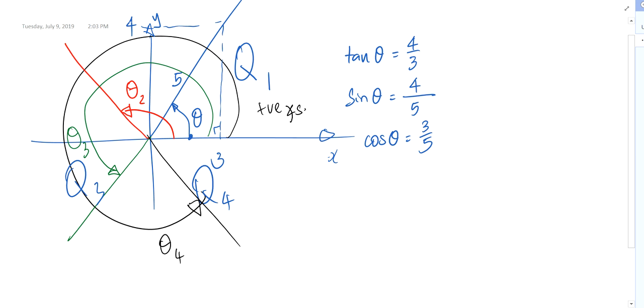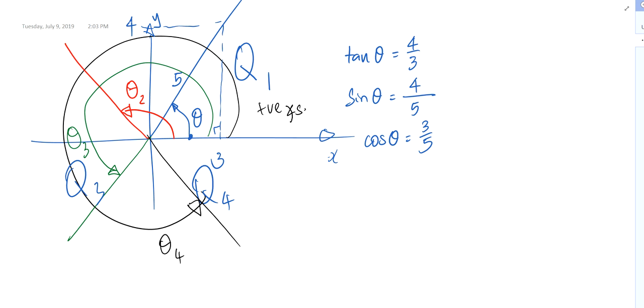Can you make a guess? How do I draw a negative angle? All my positive angles look like this. So what exactly does a negative angle look like? Opposite? What do you mean by opposite? Left, right, up, down? We are using anti-clockwise so far, right?